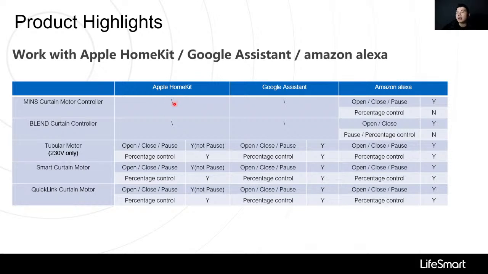This page details the support situations about working with Apple HomeKit, Google Assistant, and Amazon Alexa. For example, here is the tubular motor. For tubular motor, we have two motors. Here, only the 220 voltage motor supports. When working with HomeKit, open, close, yes, support, but pause, not support.